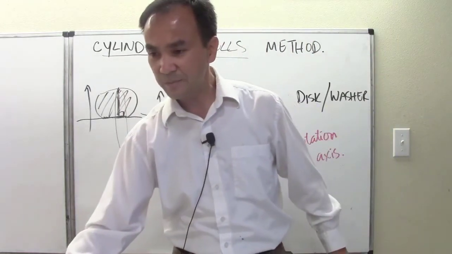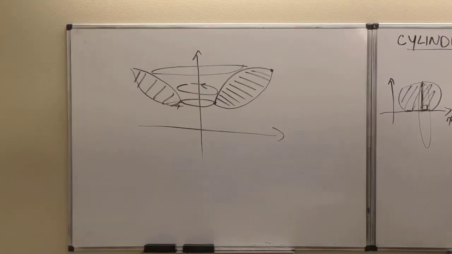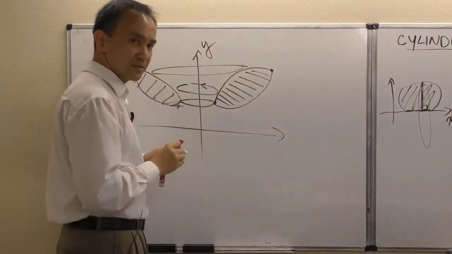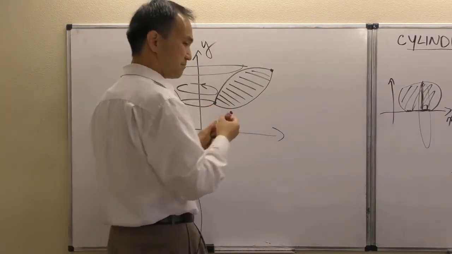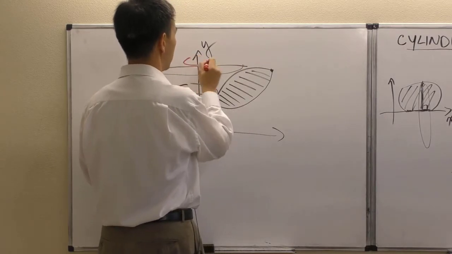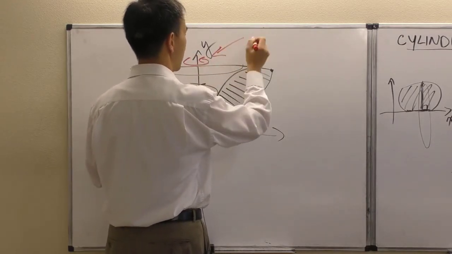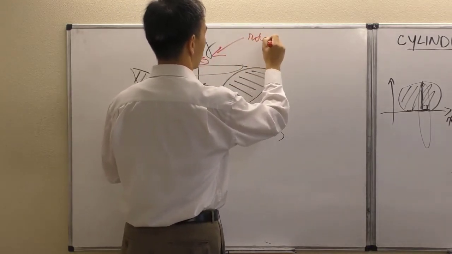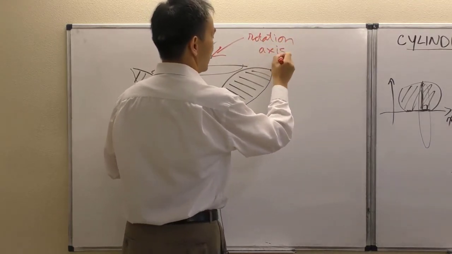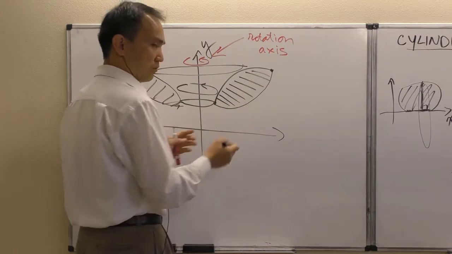In the other picture that I put on the other board, it's the same. If our rotation axis is the y-axis, so the rotation axis is here, we're rotating around the y-axis, and this axis is called, again, the rotation axis. Then we draw the stripe.